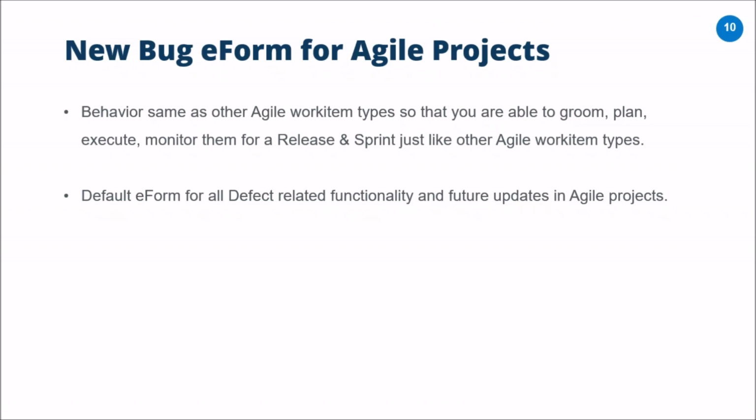So as an alternative to that, you can now start using the bug eForm, and you can plan it for your sprints and releases by assigning them for capacity, as well as executing them through the value stream on the execution board. So this of course would be our default defect related functionality updates that you would get in the future as well.